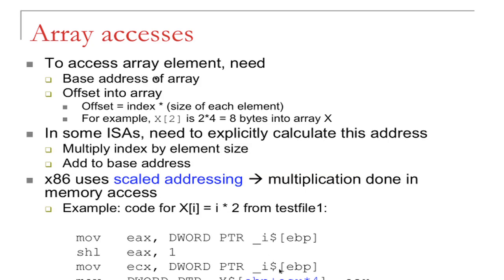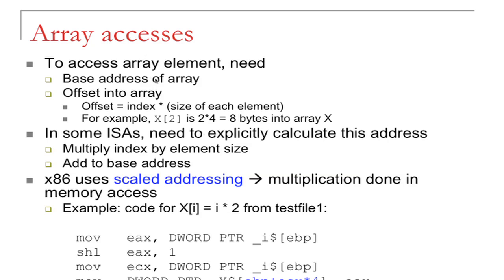This underscore I $ bracket BP, this again is the address of variable I. So we're going to use that, and we do memory access. We're going to load that index into ECX. So we're actually finding out what is this number, what is the index.